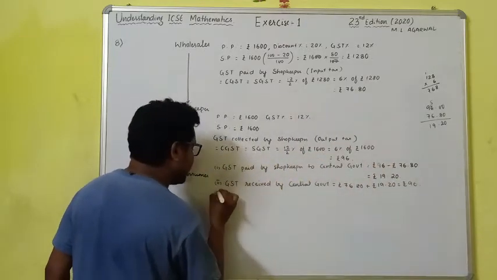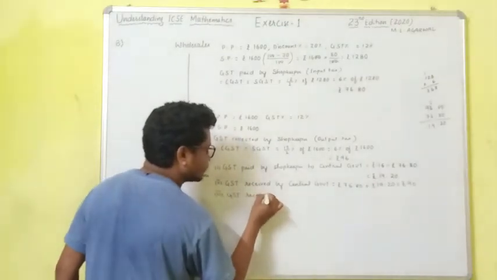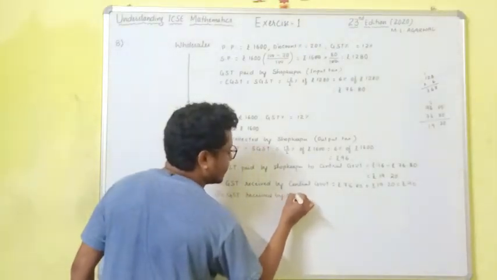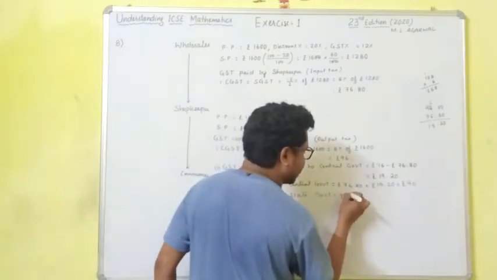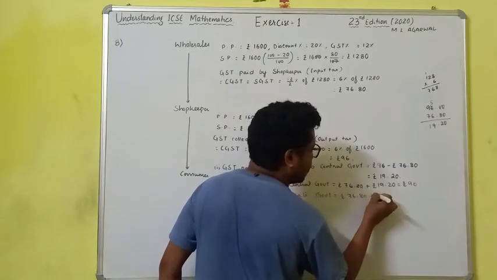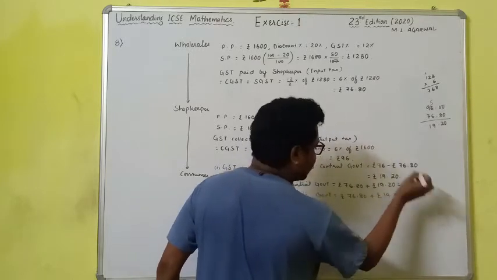Then similarly, GST received by the state government is also the same thing, that is your 76.80 plus 19.20, equal to rupees 96.